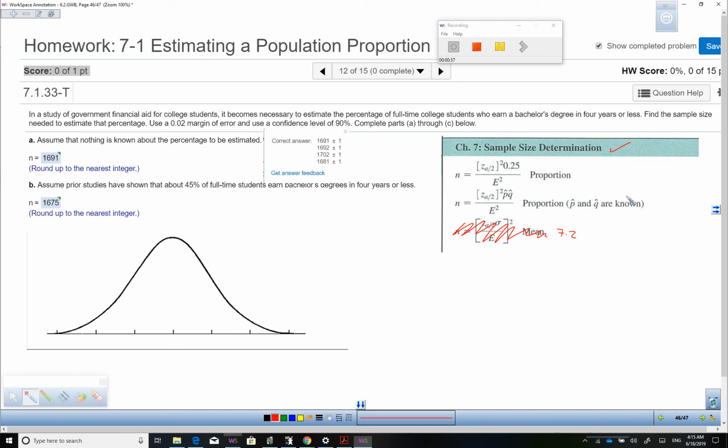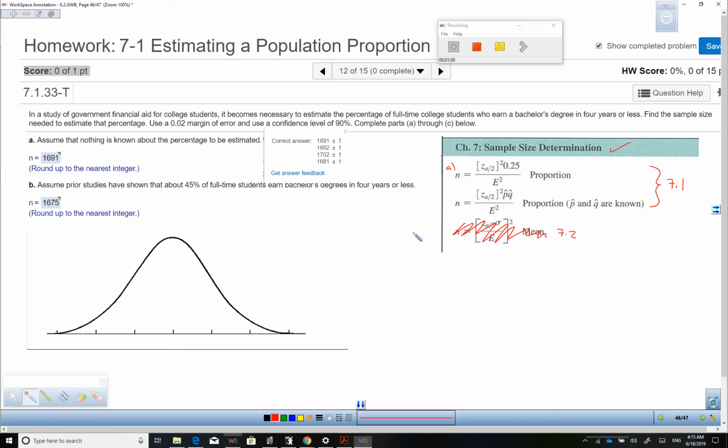So on 7.1 we are using either this formula or this formula, depending on whether you don't know anything about the percentage to be estimated. We use this part, like in part A. Assume that nothing is known about the percentage to be estimated.